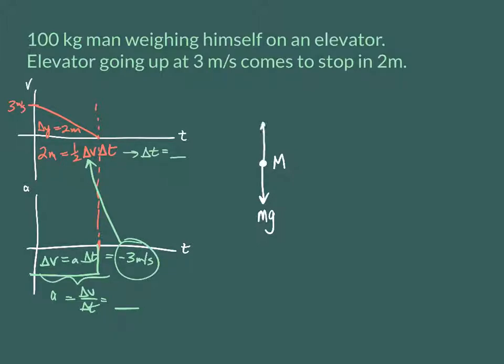There's some surface reaction force, or the normal force, N, that's going to oppose that. So the trick is which way is the acceleration in this problem? Well, we already know which way it is. It's down, because I did the graphical analysis. So acceleration is negative in this problem.